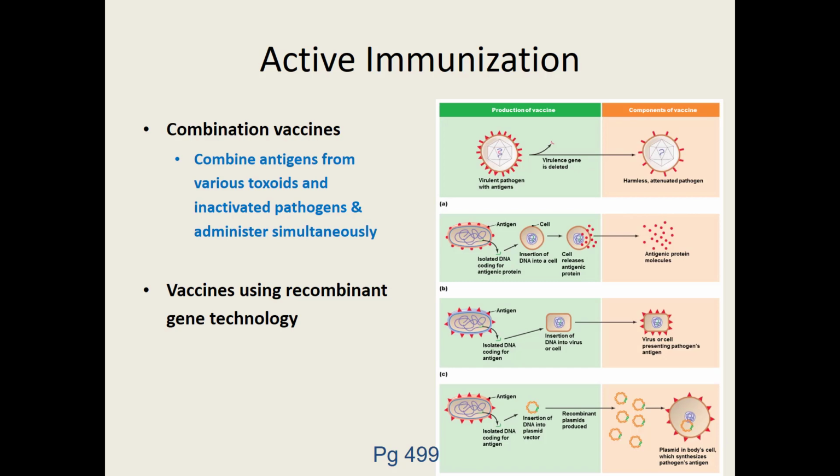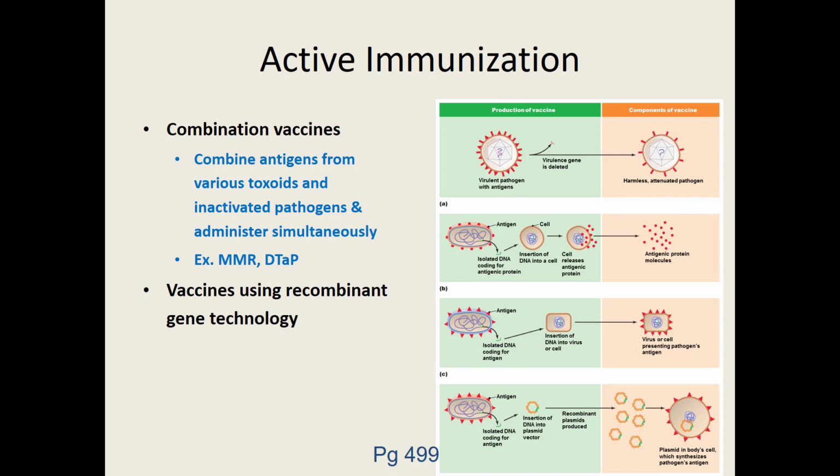If you know what MMR stands for, measles, mumps, and rubella, that means we are giving you a combination of antigens from several different pathogens in one shot. Same thing with the Tdap shot. It's diphtheria, tetanus, and pertussis. Again, it's all of these different toxoids and antigens from different pathogens, all given to you at once. It's convenient if you can do it all at once. Fewer shots that have to be given, more likely people will get them.